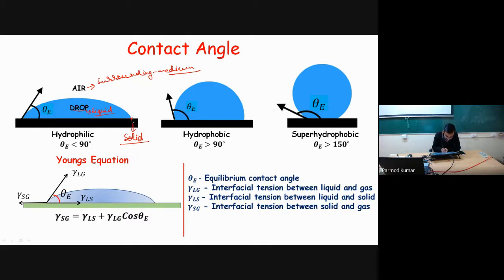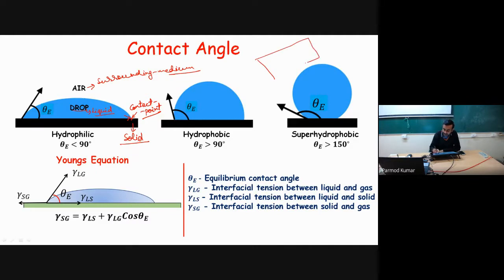At this point, you can see we have solid present from this side, the surrounding air medium present on this side, and liquid present from this side. The point in the two-dimensional representation where all three phases are in contact is referred to as the contact point.